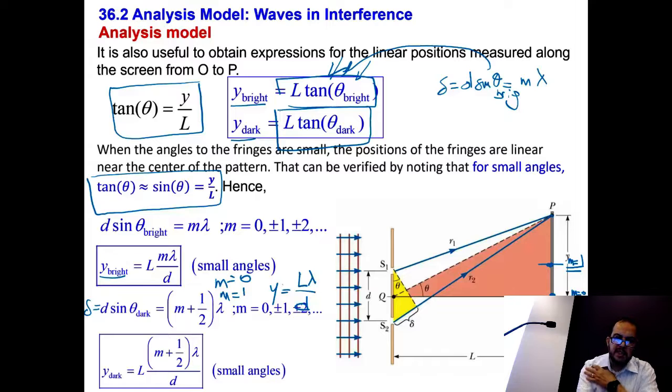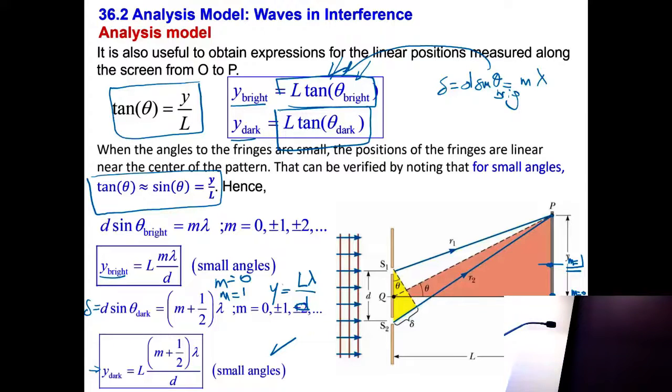We'll replace tangent theta by sine theta. And if we do that, we get this equation for the dark spot. Again, this assumes a small angle, so for the small angle approximation, tangent theta is approximately sine theta, and you can get the y position of the dark spot using L times m plus 1/2 lambda over d.